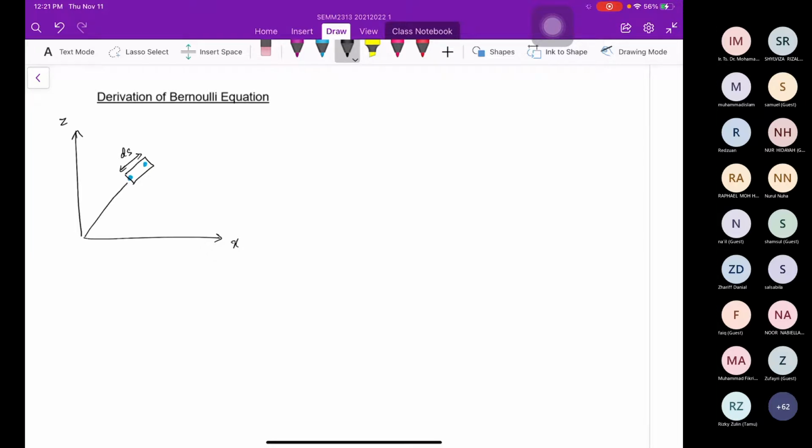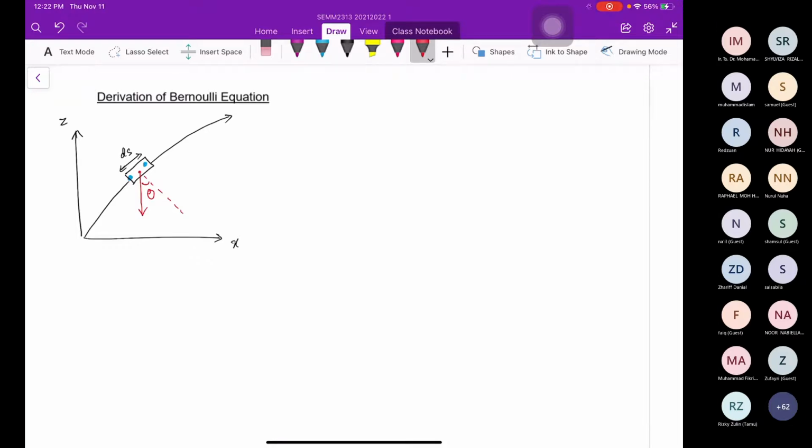This is the path. Let's say this is the element. We consider this as an element. Of course, it has the weight downwards, and then this is the normal. This is the theta.